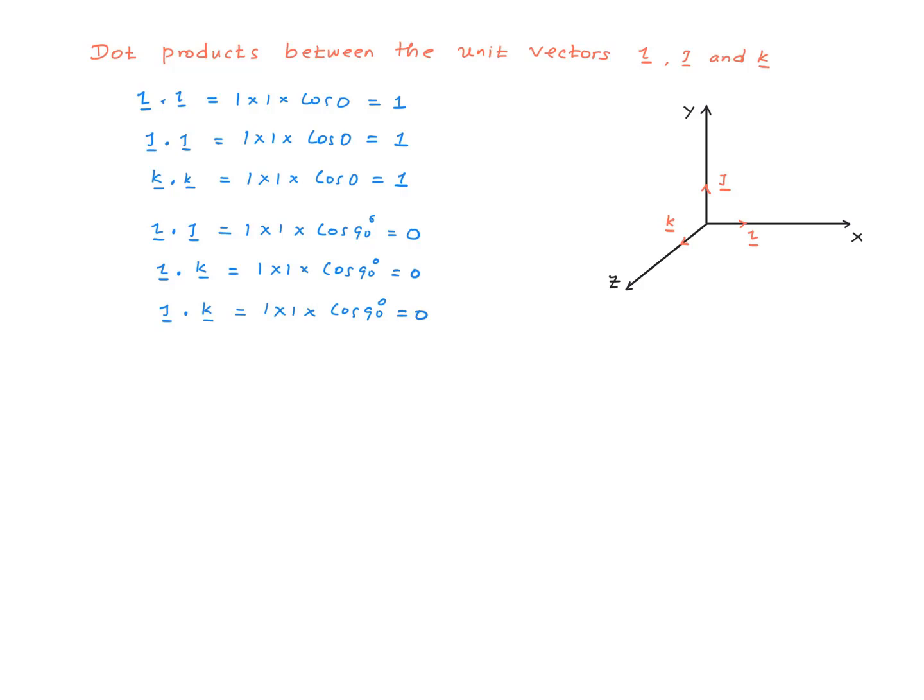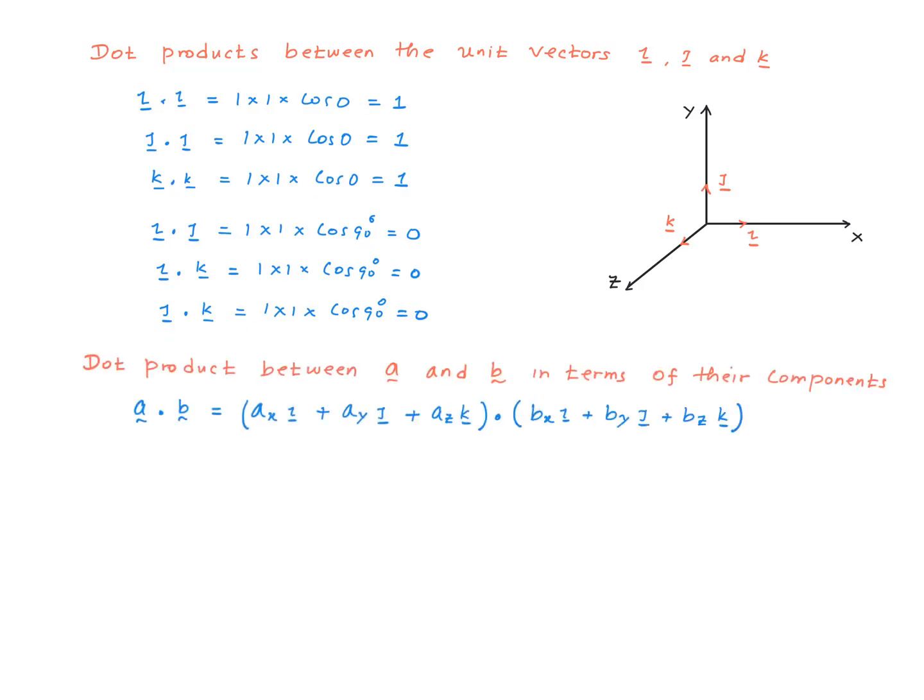So we get 1 for I dot I, and similarly we get 1 for j dot j and k dot k. On the other hand, if we try to find the dot product between two different unit vectors like I dot j, you end up having a 0 value for that because the angle between the two is 90 degrees. And similarly, I dot k is 0, j dot k is 0.